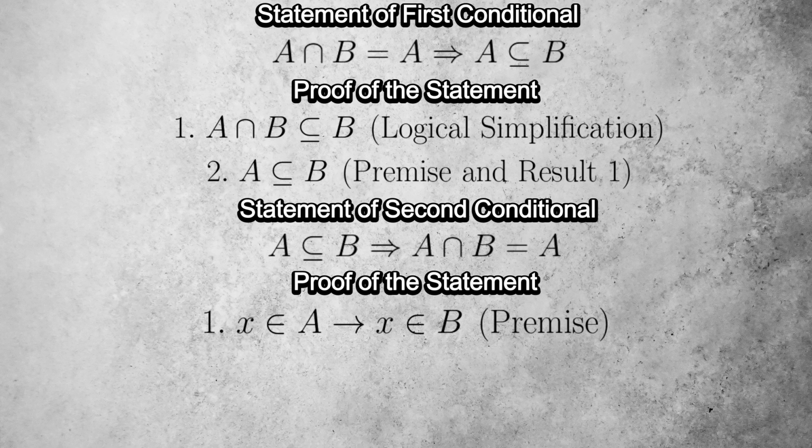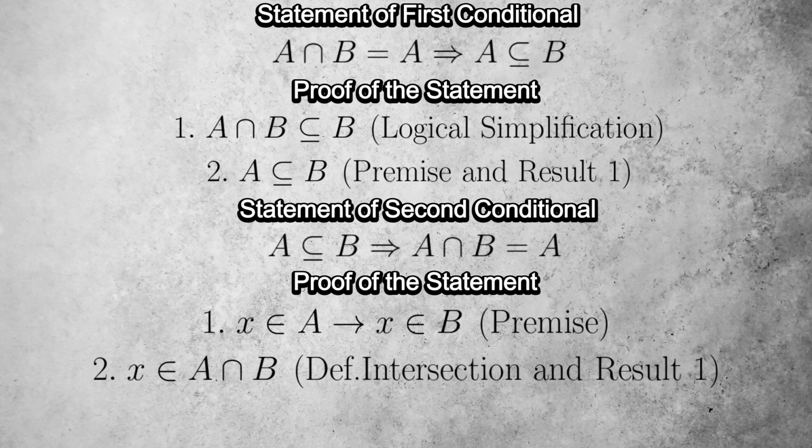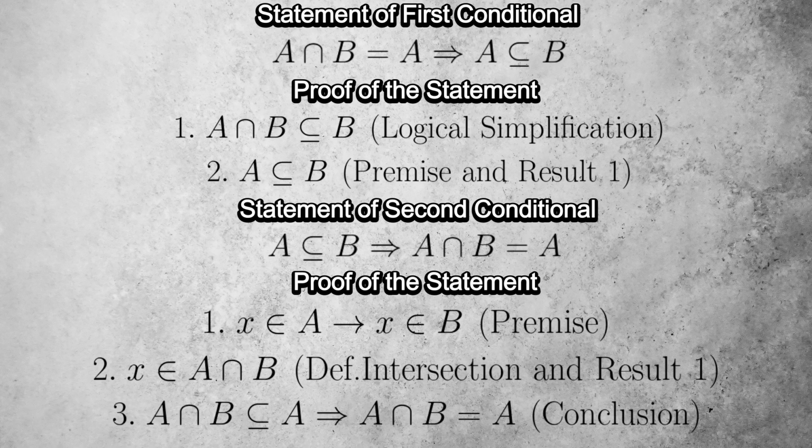Therefore, as x is an element in A and B, then by definition, x is an element in the intersection between A and B. As we took an arbitrary element x in A and we proved that such an element is also in the intersection between A and B, then A is a subset of A intersection B. Thus, A is equal to the intersection between A and B. Thus, as we proved that the aforementioned conditionals were true, the original statement must be true.